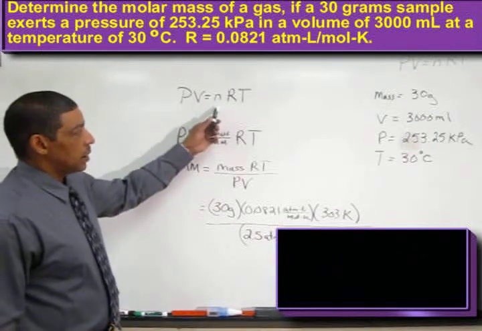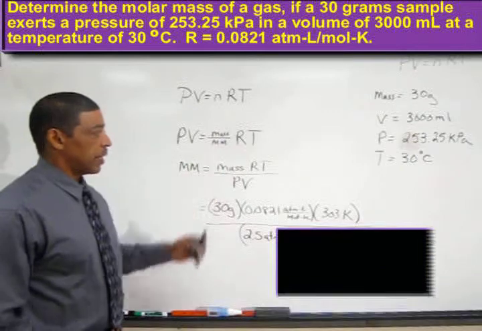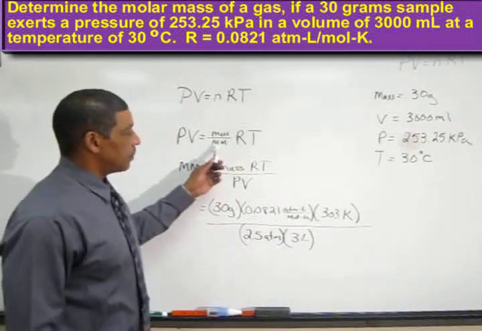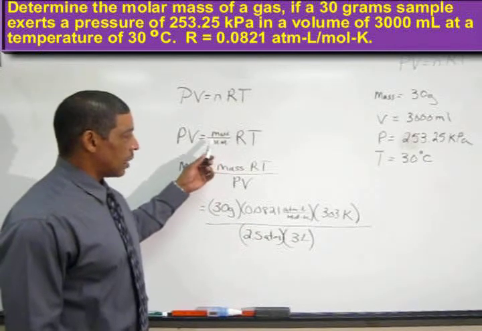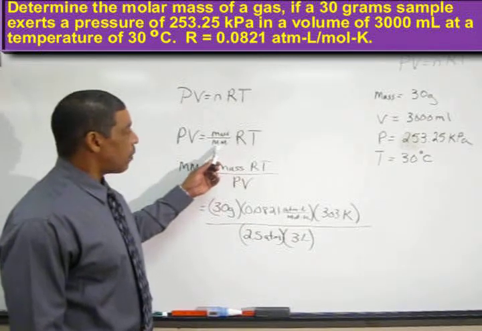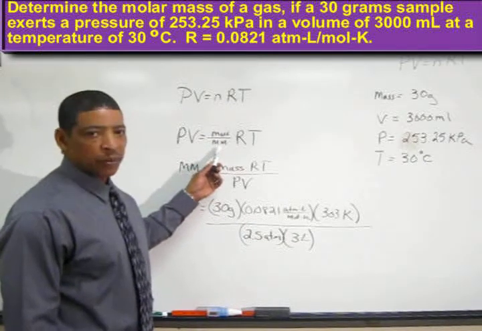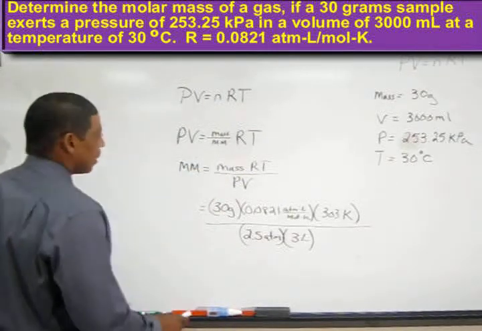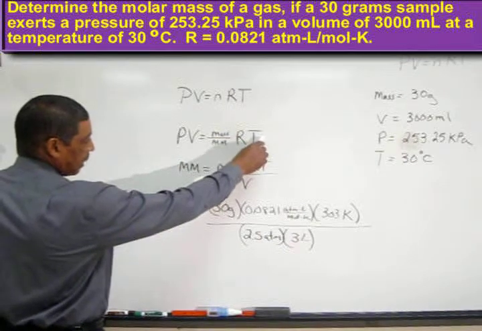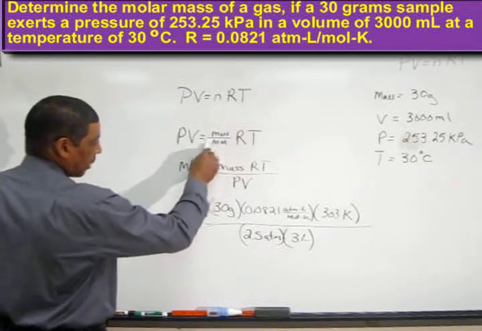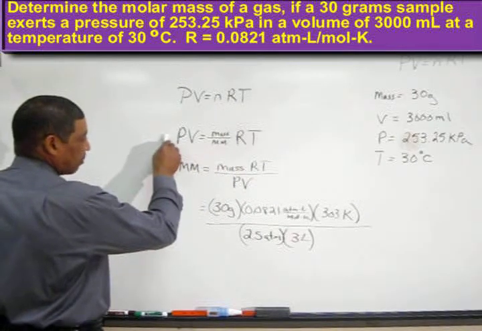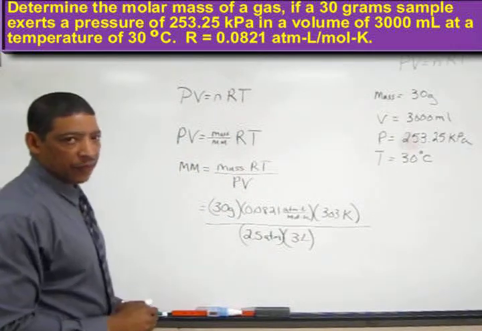Rewriting n as mass over molar mass will allow us now to solve for the molar mass. Since molar mass is in the denominator, to solve for molar mass, simply multiply through by molar mass. Multiplying through by molar mass will eliminate molar mass on this side of the formula and regenerate molar mass on the opposite side of the formula.